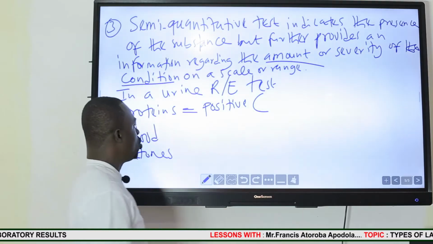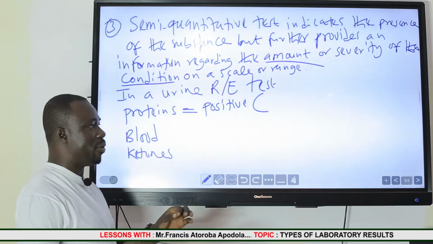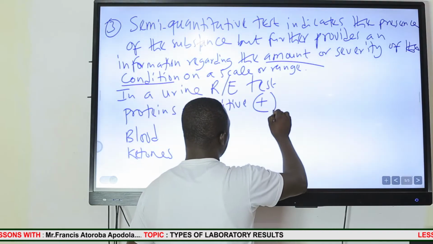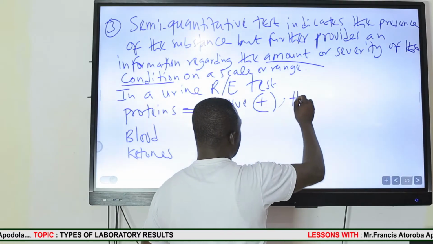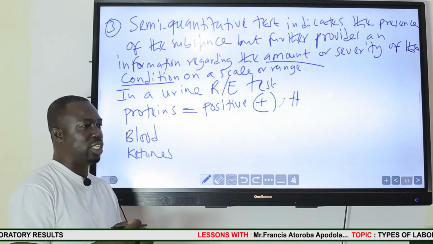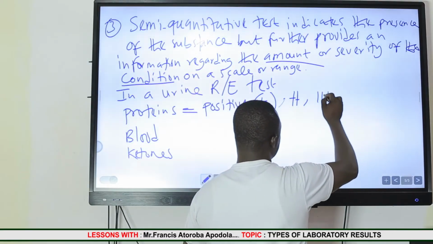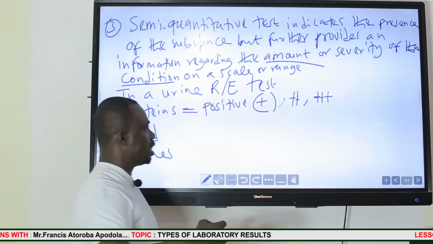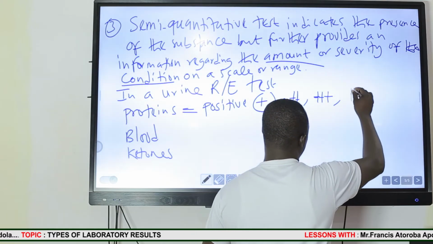So when we say proteins are positive, we can put it in a range or scale of +1 or +2. In the scale of +2, the amount is quite more as compared to +1. We can have +3. So that is expressing the amount through grading. And we can also have +4.